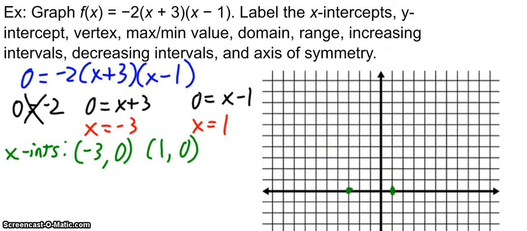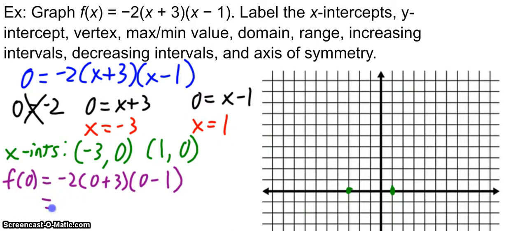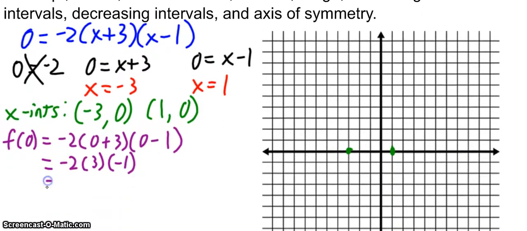Now, let's go ahead and find the y-intercept. So remember, to find the y-intercept, we plug in 0 for x. So f of 0 is -2 times 0 plus 3 times 0 minus 1. So this is -2 times 3 times -1, which is +6.